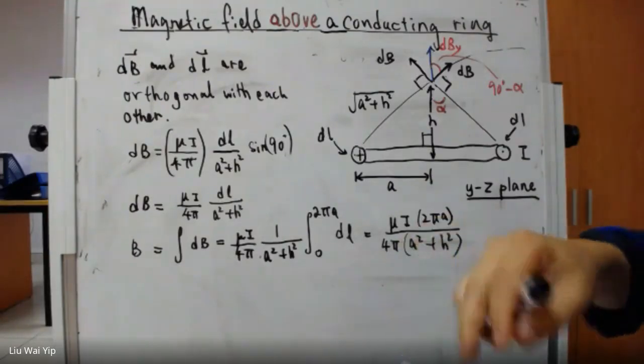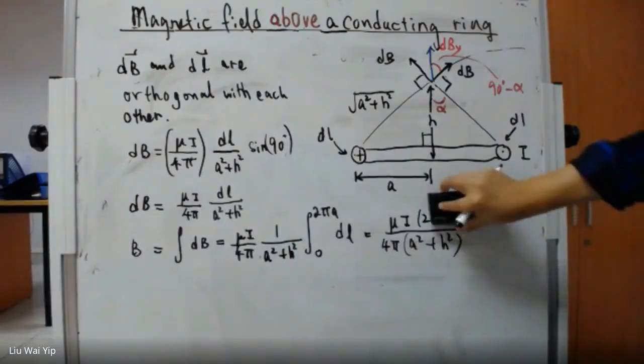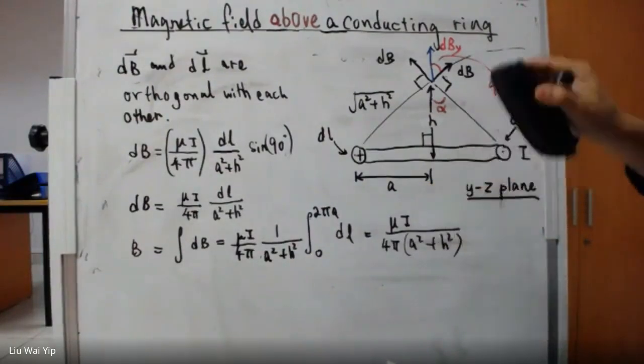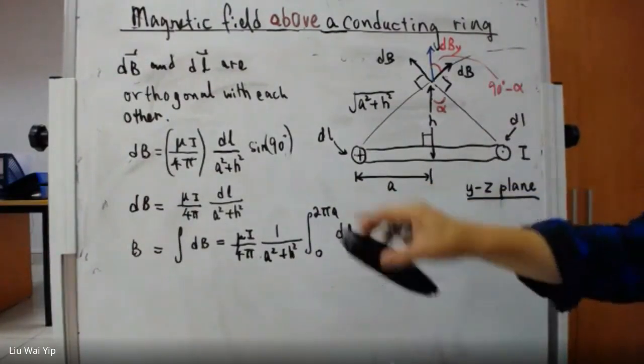And the pi will cancel off with each other, so you will end up with mu I a over 2 and so on.